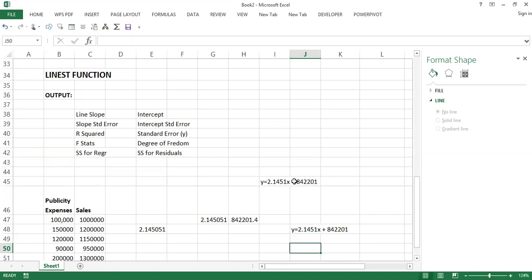Can you see it's the same thing as what we got from the scatter plot? It's the same thing. So we could use the linest function. That's the second method.